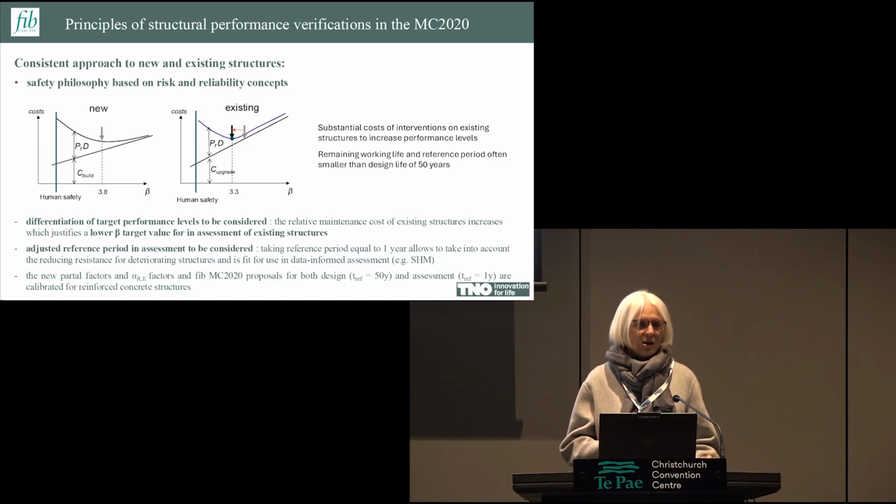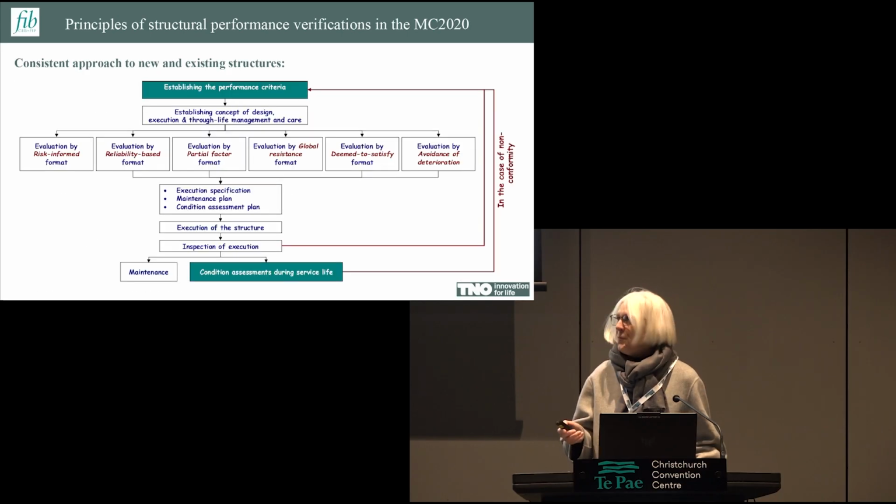Therefore, from the economic perspective, it's desired and optimal to have a diversification in the target reliabilities for new and for existing structures, which again translates into different values for the partial factors or global factors of safety in both cases. As I say, all these formats are available.